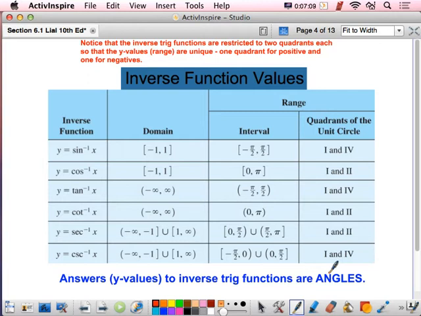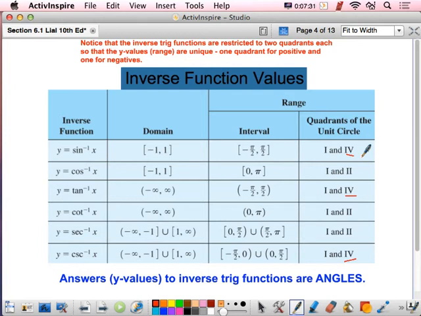For inverse sine and inverse tangent and inverse cosecant, if it's a negative input, you give the output from quadrant 4. So they come from quadrants 1 and 4. And that is sine, its reciprocal cosecant, and tangent will come from quadrant 4.